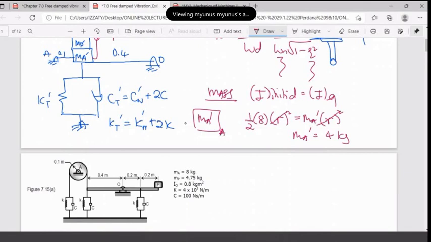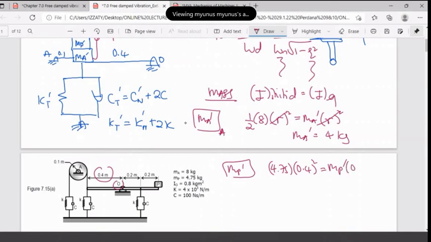Okay, so now what next is MP prime. The MP here, rotating about O at 0.4, so the MP will be 4.75 multiplied by 0.4 to the power of 2, equal to MP prime with the new length of 0.4.